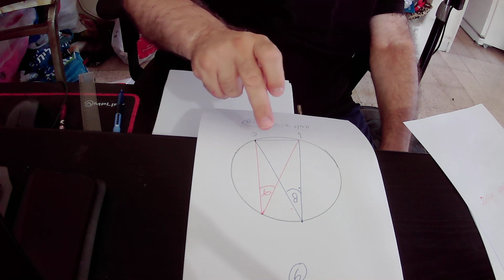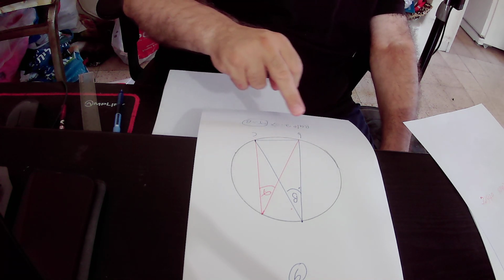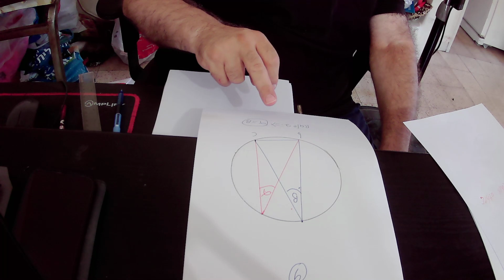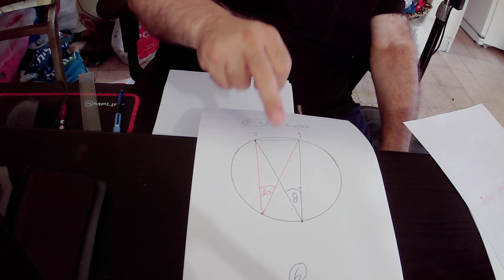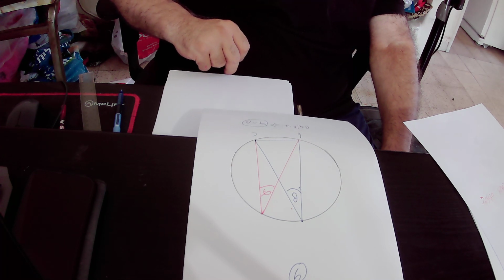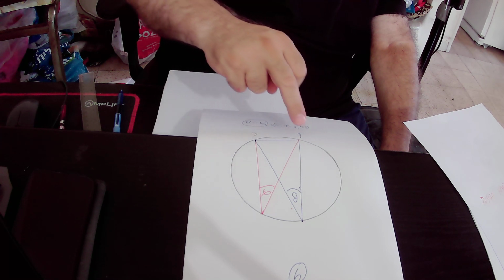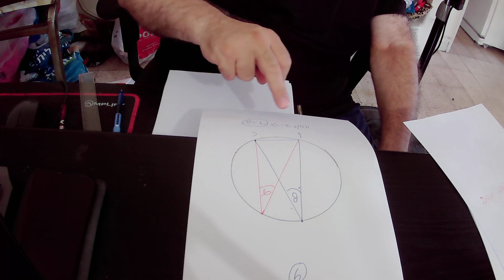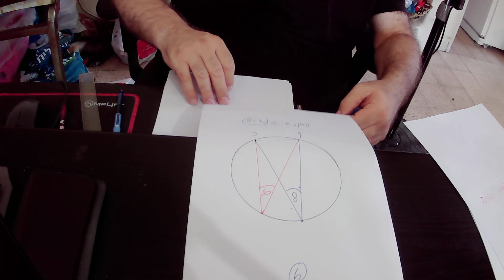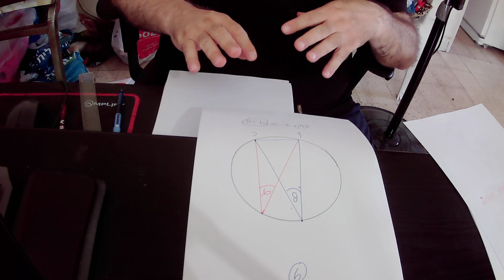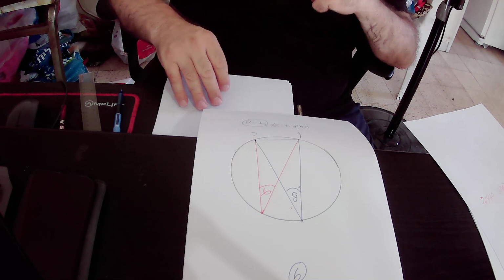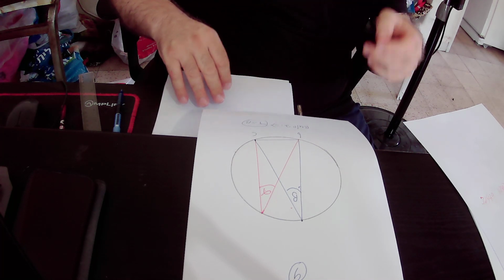Because angles alpha and beta rest on the same chord BC, according to rule number 2, they are equal to each other. That is to say, angle alpha equals angle beta. Okay?